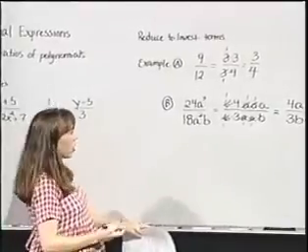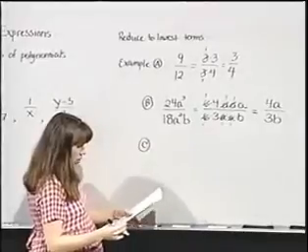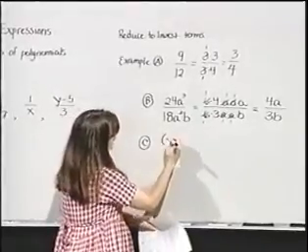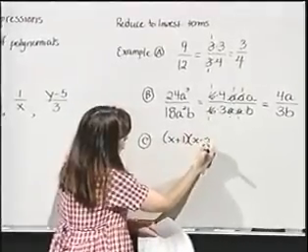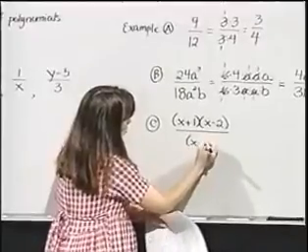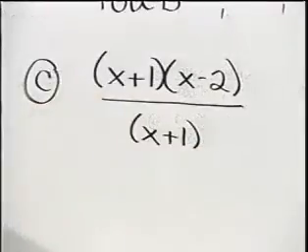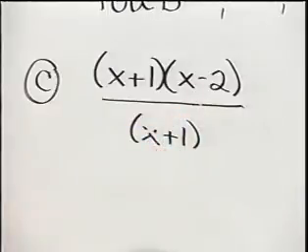Okay, let's take a look at a little more complicated rational expression now. Let's take the rational expression, which is a product of x plus 1 and x minus 2, all over x plus 1. Now this is interesting, but notice what you have is just like previous examples: you have a product of two things over something else.